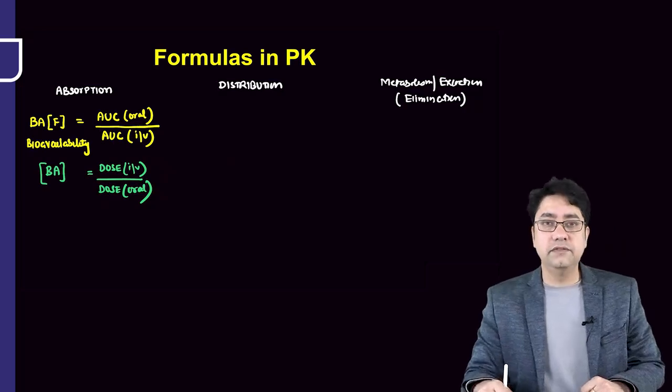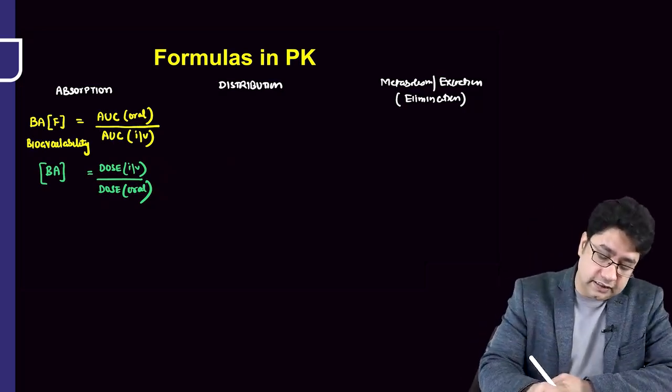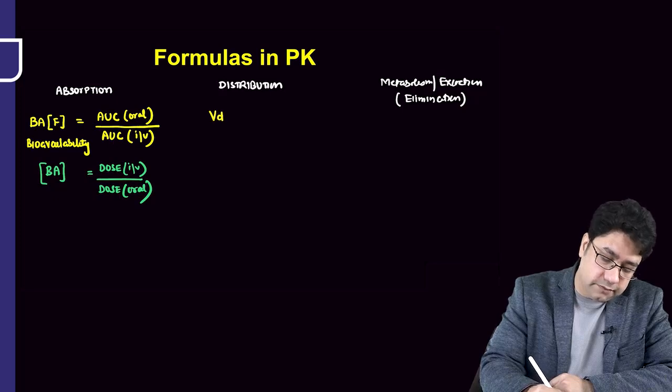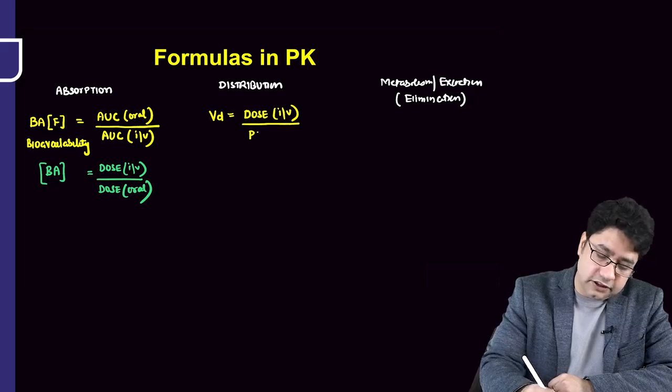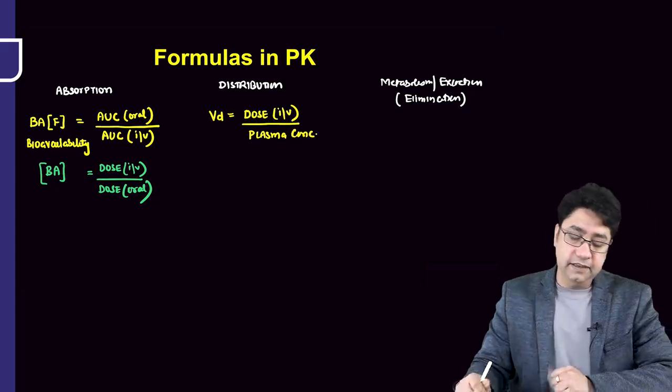Now in distribution, we discussed about a formula known as volume of distribution. So it is dose given IV upon plasma concentration measured. Fine.